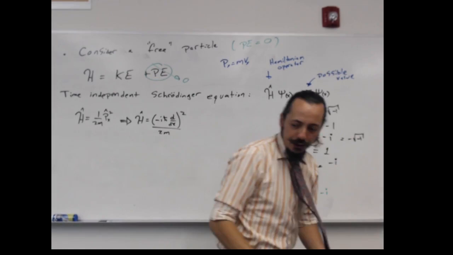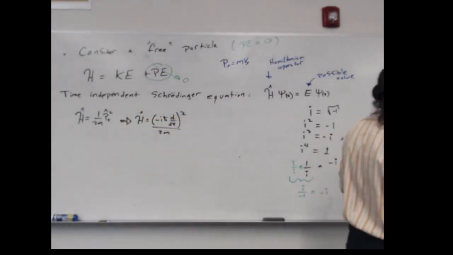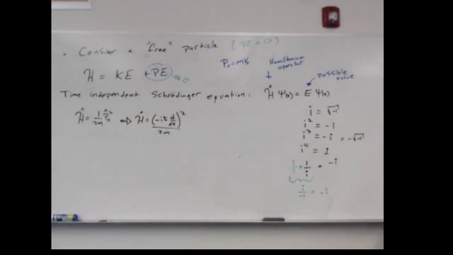I guess the other thing I should tell you real quick, and please read this in the textbook as well: if you had A plus IB, and you took the complex conjugate of A plus IB, that's equal to A minus IB. So all that happens when you take the complex conjugate is you flip the sign of your imaginary portions.